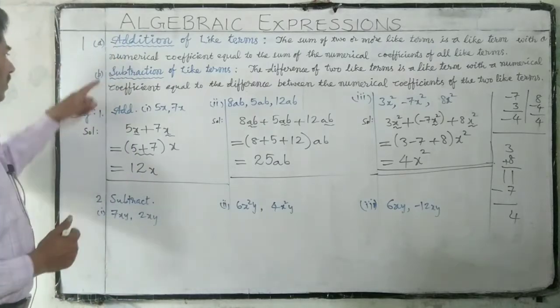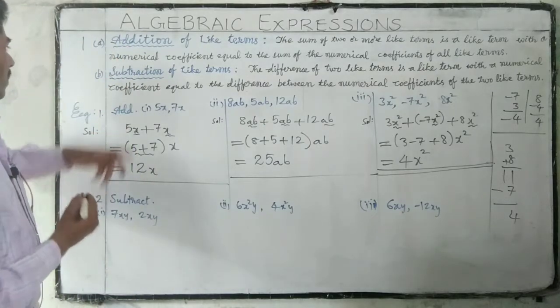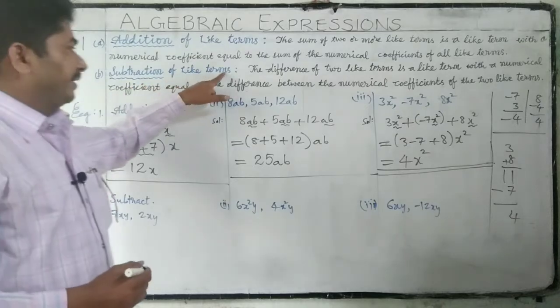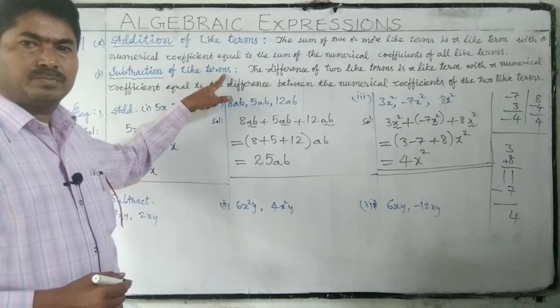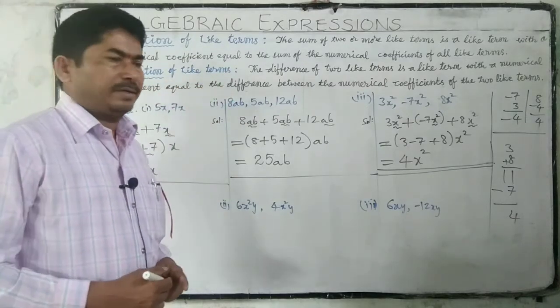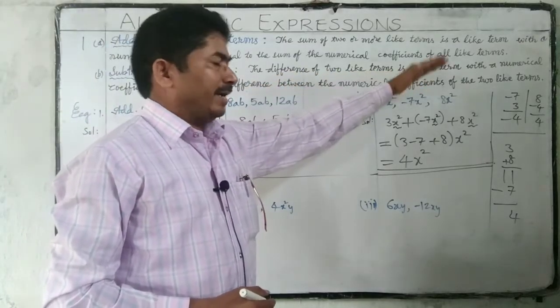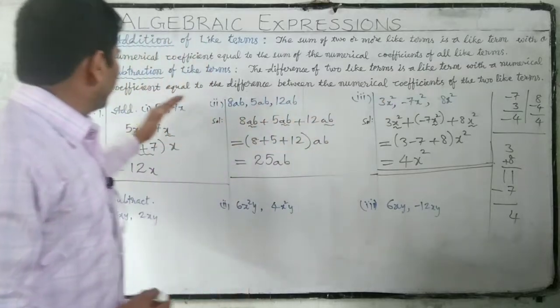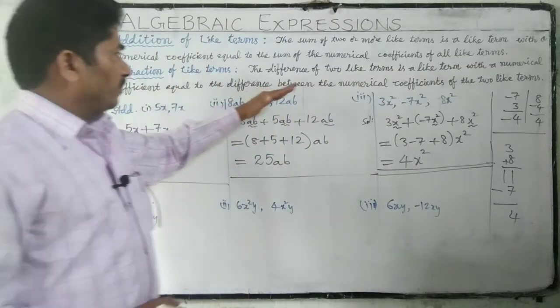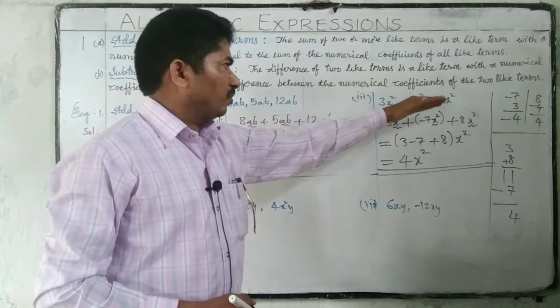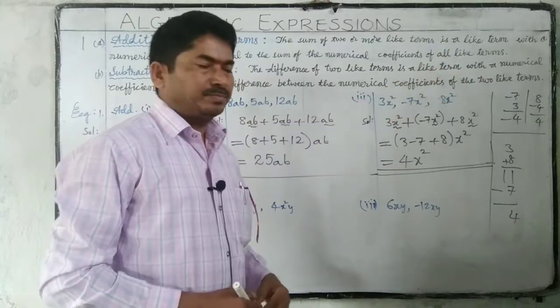Next, second, subtraction of like terms. How to subtract like terms? The difference of two like terms is a like term with a numerical coefficient equal to the difference between the numerical coefficients of the like terms.